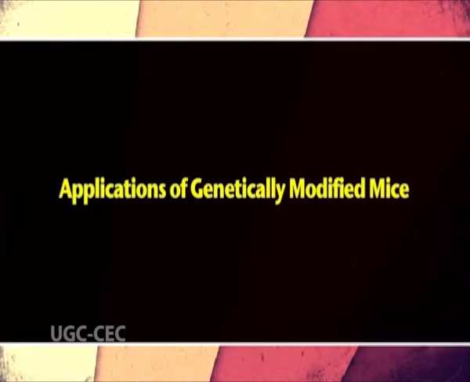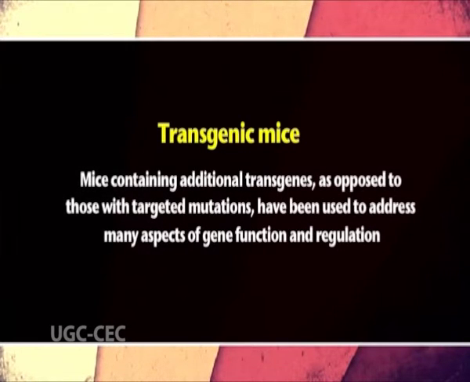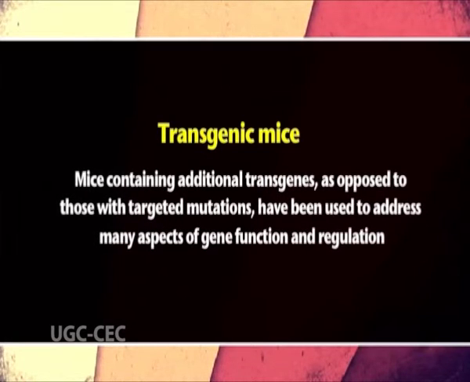Now let's discuss another part of today's lecture, that's applications of genetically modified mice. Transgenic mice, that is mice containing additional transgenes as opposed to those with targeted mutations, have been used to address many aspects of gene function and regulation.